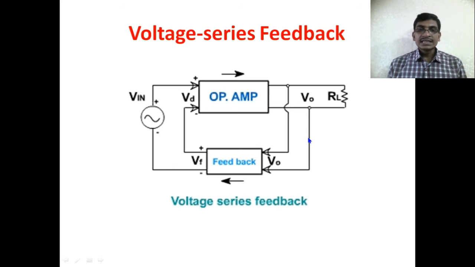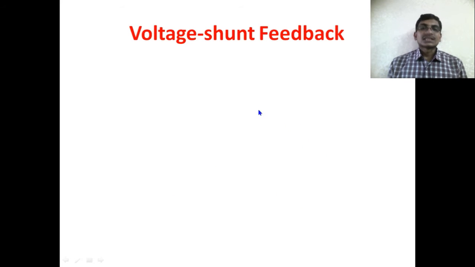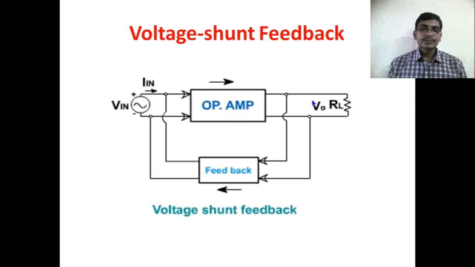Let us see the next feedback configuration, voltage shunt feedback. In voltage shunt feedback, we are sampling the voltage. Again, the voltage sampling is done by using a parallel connection. The load RL and the feedback section are both in parallel, therefore the same voltage V0 appears across the load as well as the feedback section.